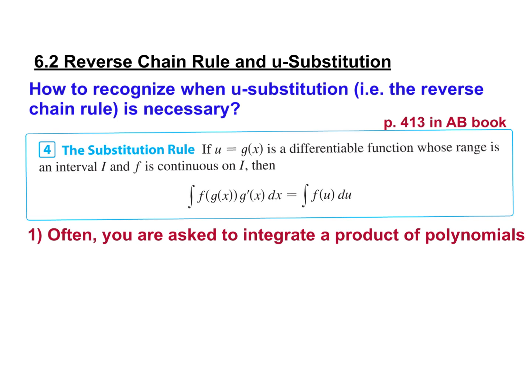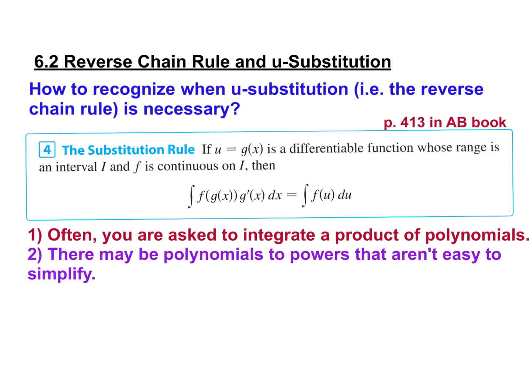Okay. The next one that you kind of need to watch for. There may be polynomials to powers that aren't easy to simplify. And so what I'm saying there is, for example, we can take a binomial squared and we can multiply that out pretty quickly, pretty easily, right? But if it's to the fourth power, generally you're not going to be asked to expand something like that.